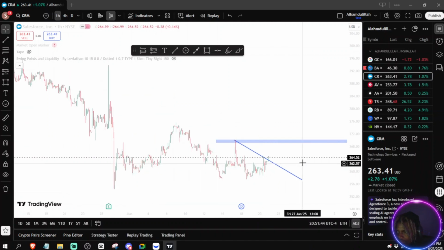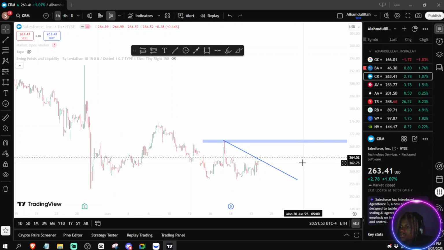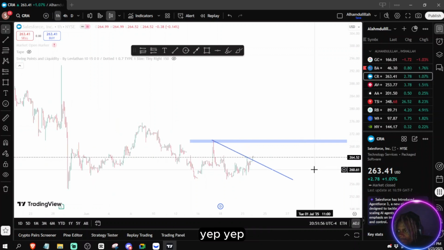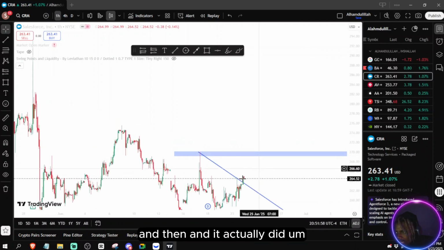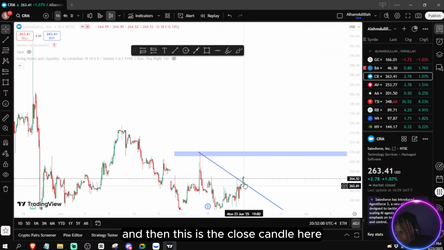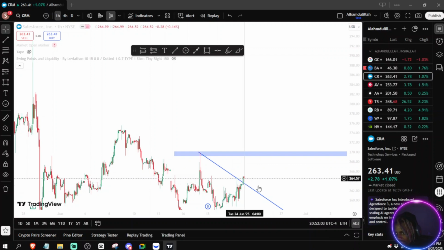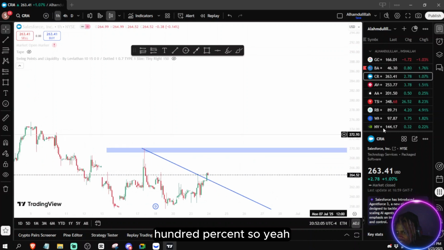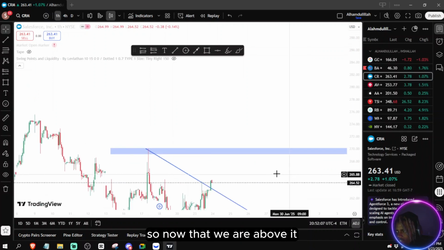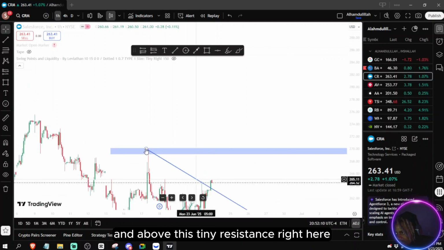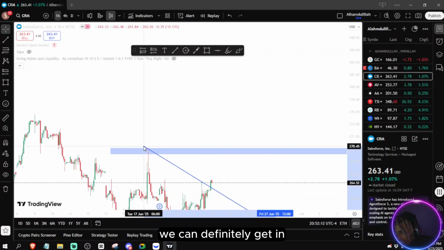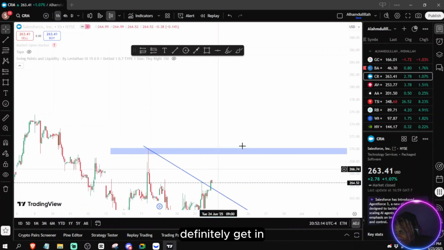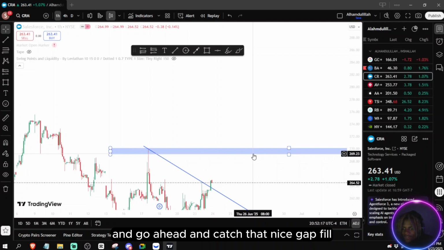And actually, yeah, definitely get in. And it actually did, because this was the first breakout candle, and then this is the close candle here. Yeah, 100%. So now that we are above it and above this tiny resistance right here, we can definitely get in and go ahead and catch that nice gap fill.